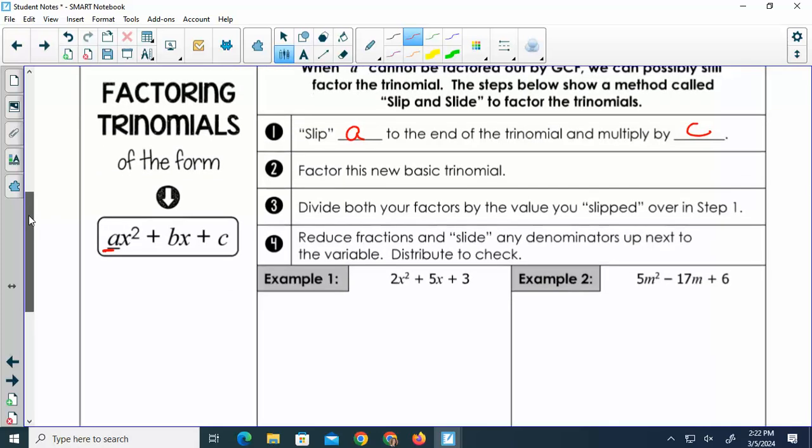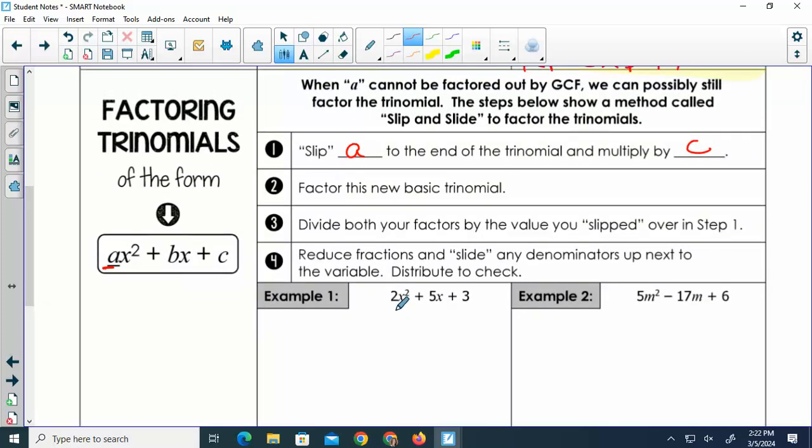So, for instance, if I look through this problem, okay, do we have a greatest common factor, 2x squared plus 5x plus 3? No. So what I'm going to do is slip the 2 to the end. So then it's x squared plus 5x, and at the end, I take that 2 times the 3, so it's 6.